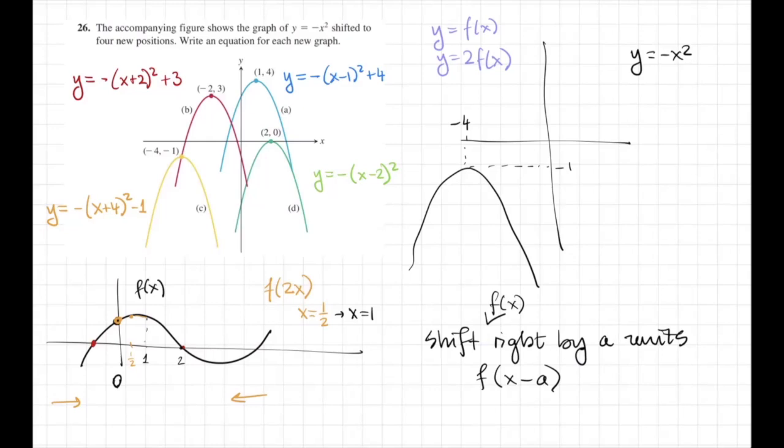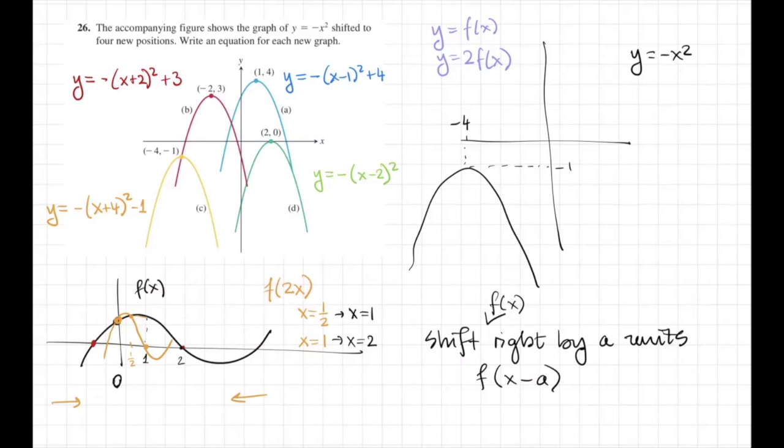The same thing happens in the yellow function. If I write x equal to 1, it's like writing 2 inside the original function, and it is going to be like this. So if I write 2x inside the function, I am squeezing the function along the x-axis.